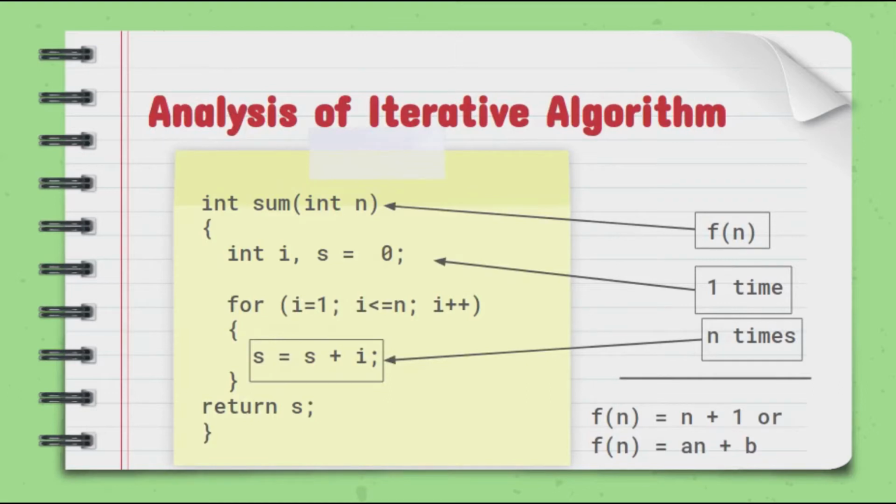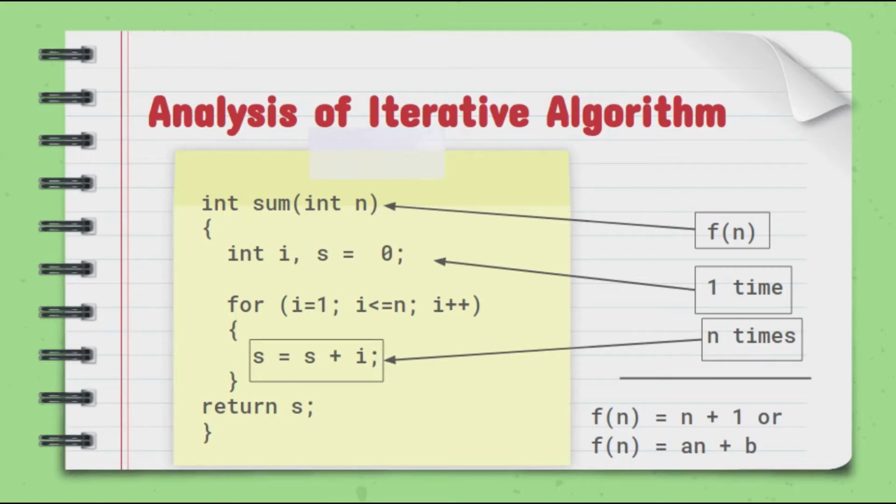If you want to analyze the time taken by this algorithm to execute, remember from the previous tutorial that we may not want the exact number of steps. We want the approximate time, and we use asymptotic notation to represent that.